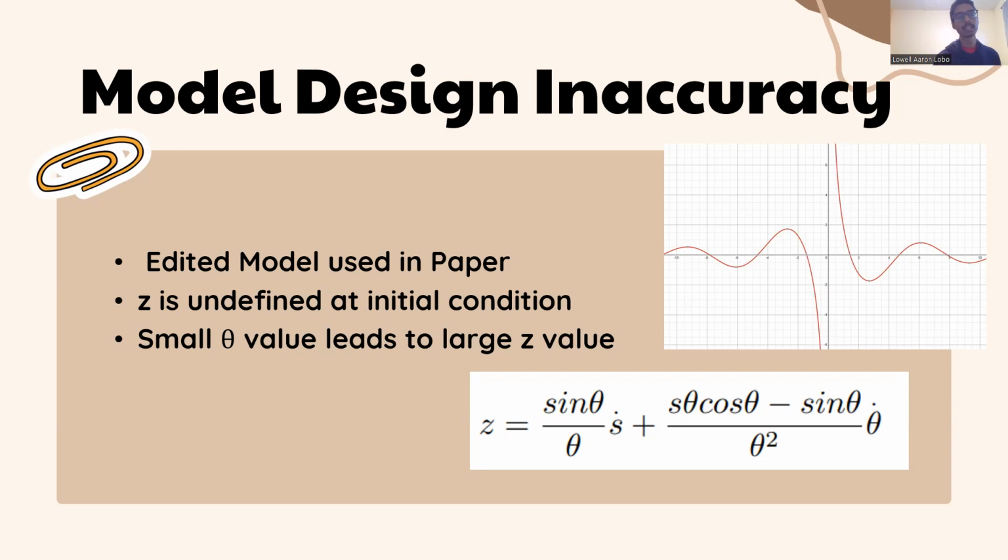So in this way, the model which has been personally derived doesn't really work for our scenario, especially when theta is a very small value. This is one of the reasons why z always shoots up to 1. It's because in our initial condition, theta is always taken as a very small value, and so z just directly shoots up.